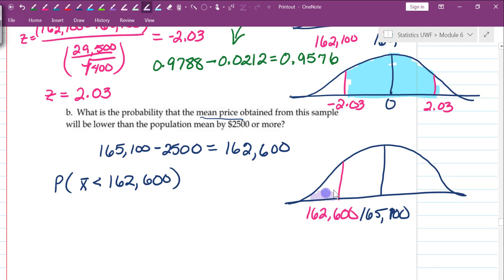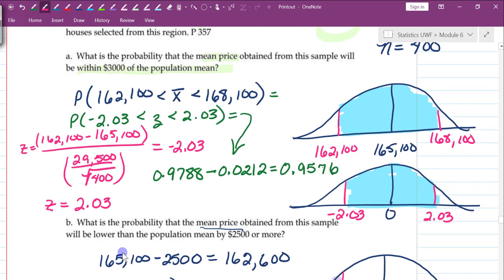And we're going to shade this area that we're interested in. And we need to standardize this. So we're going to say z is equal to 162,600 subtract off 165,100. Divide it by our standard deviation.